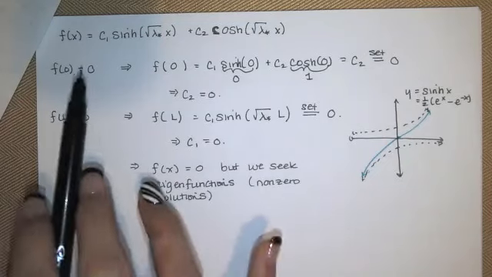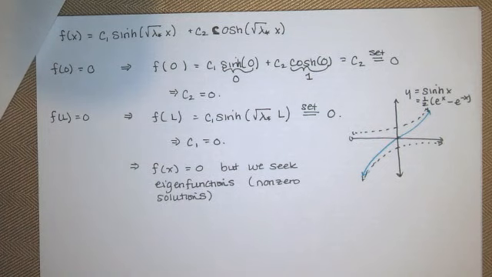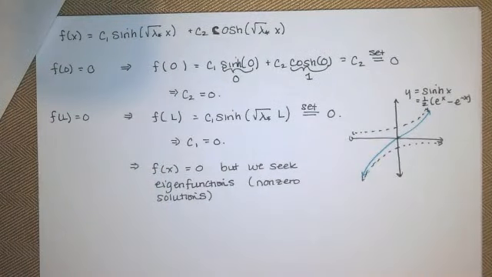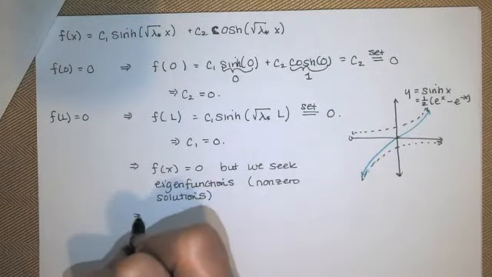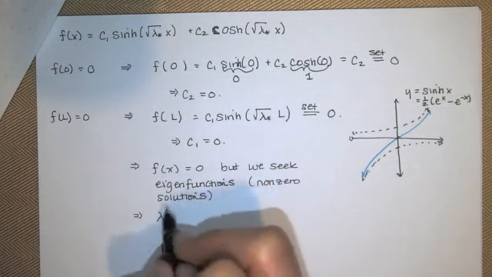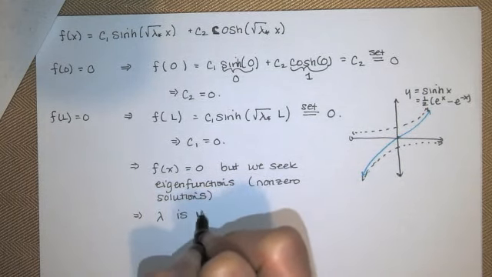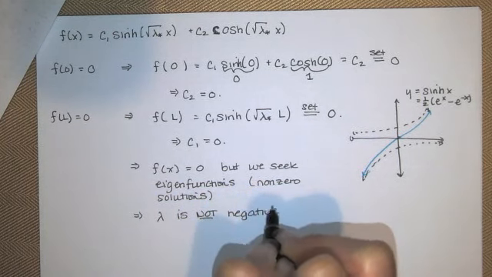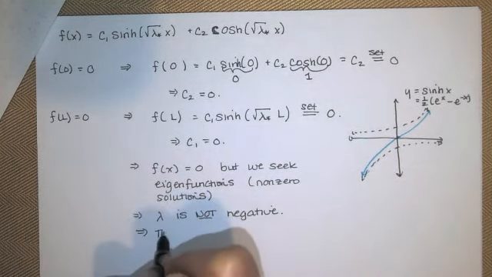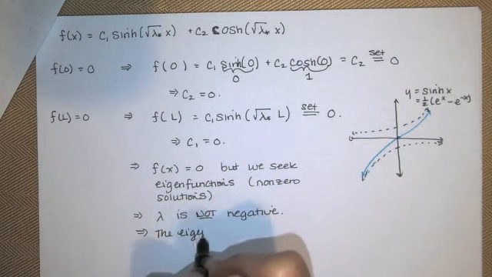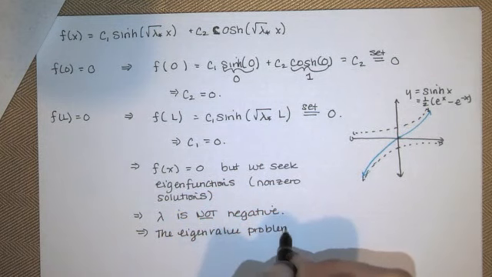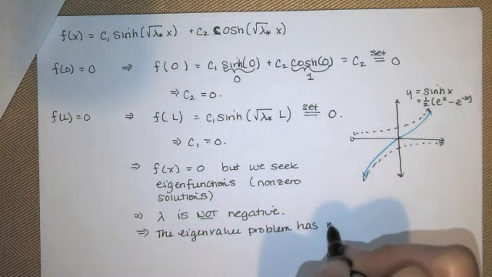So the only way that lambda could be negative is if f was equal to 0. And since that's not possible, that means that lambda is not negative. Or in other words, the eigenvalue problem has no negative eigenvalues.